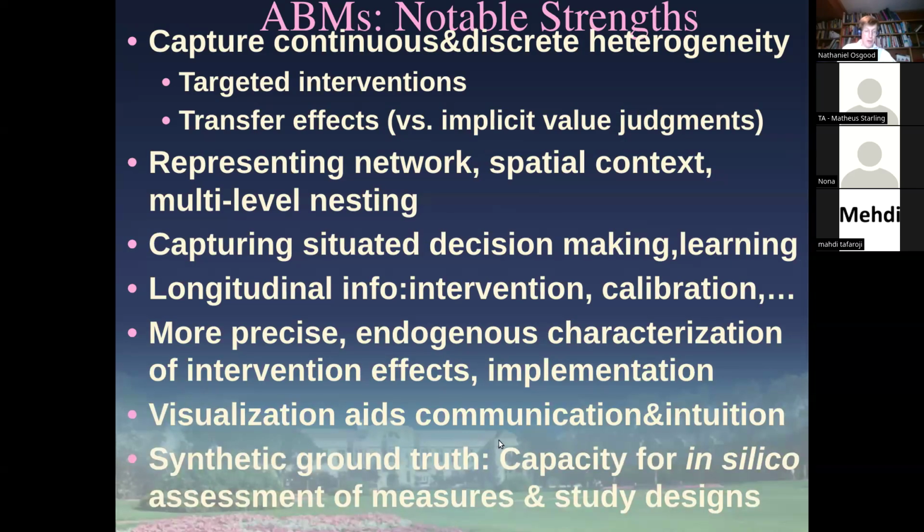I will say another key factor in my mind, and it's in the linkage of these methods with data science, big data, machine learning, statistics, is the capacity for agent-based models to serve as synthetic ground truth. And we have a case study that Wade McDonald here, our TA, will be presenting that shows how that can be done.